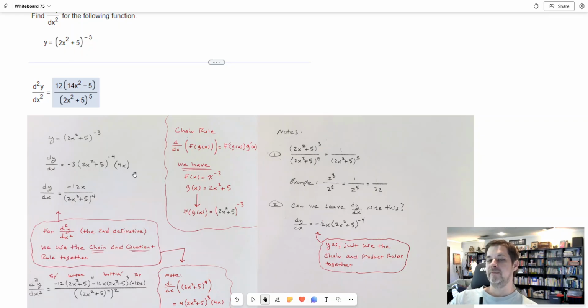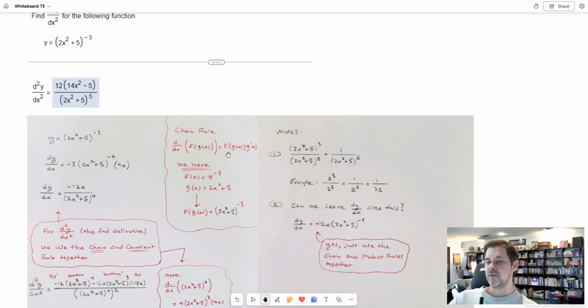So my derivative would be, okay, I would have to find the derivative of x to the minus 3 power. To do that, I'd bring the negative 3 down in front, subtract 1 from the power. But I'm supposed to have g still inside of that. So (2x squared plus 5) to the negative 4 power, times negative 3 there.